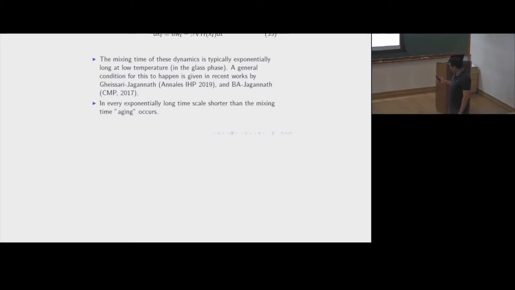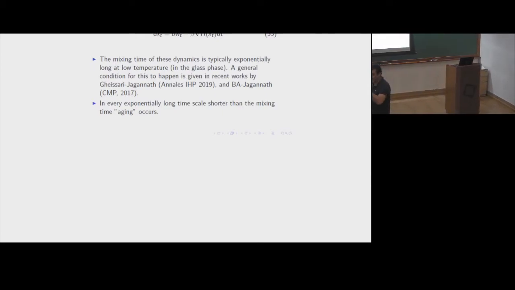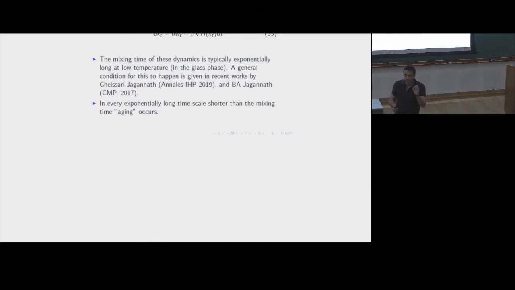But we have a general theorem saying that if this happens, then you have an exponentially long time scale, which is the time for mixing, like exponential of some constant times n. But now you could look at time scales which are exponential Cn, where C is smaller than that constant.